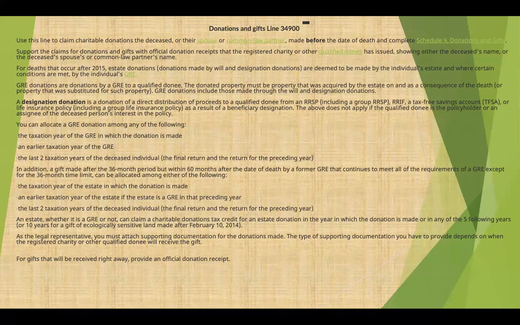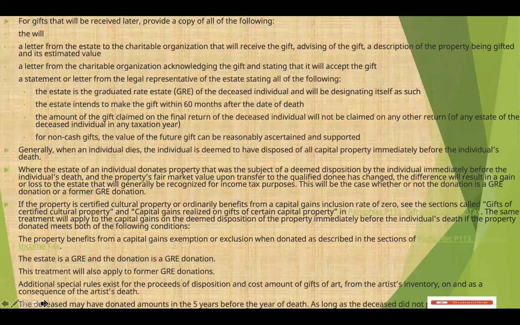And as a legal representative, you must attach supporting documents for the donation made, and the type of supporting document you have to provide depends on when the registered charity or qualified donee will receive the gift. For a gift that will be received right away, you provide an official donation receipt.